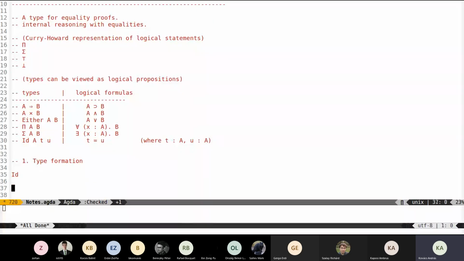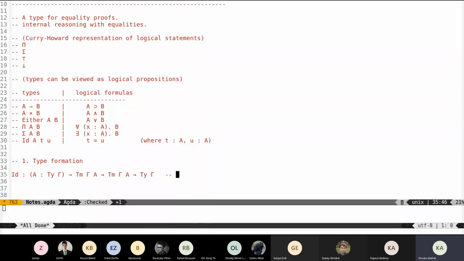So I say that Id is basically I take a type A in a context Γ, and then I have a term with type A, and I also have a term with type A, and then this is a type in Γ.